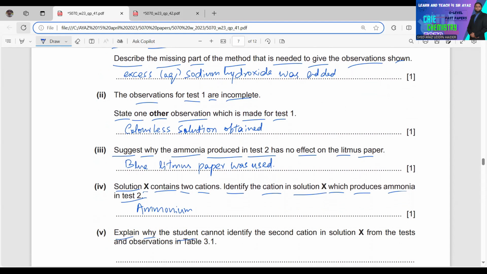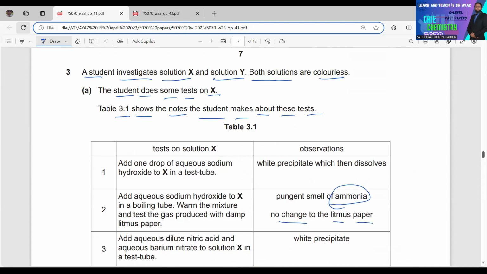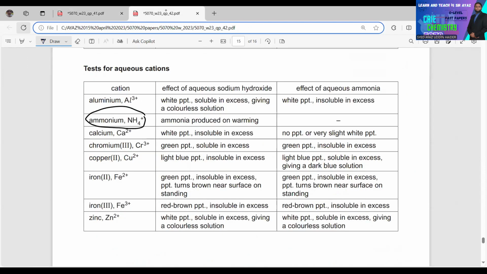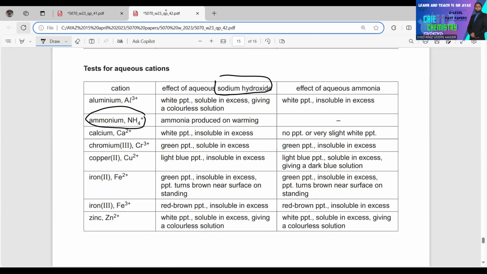Number 5, explain why the student cannot identify the second cation in solution X from the tests and observations in table 3.1. If you look at the observation with aqueous sodium hydroxide, they are saying white precipitate which then dissolves. If you look at the test for cations with sodium hydroxide, you will find that there are 2 ions, Al3 plus and Zn2 plus.